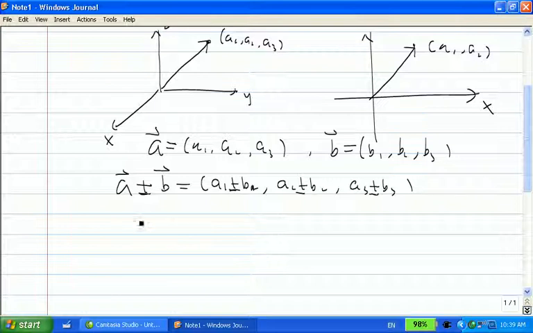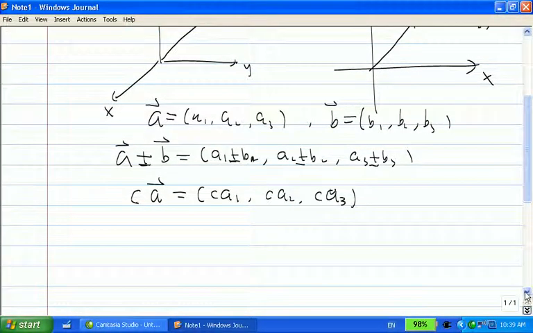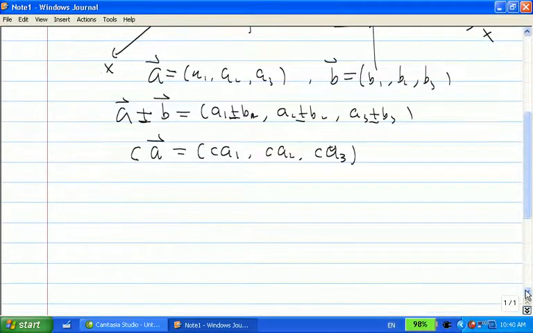Another thing we are going to define is a scalar times a vector. The scalar multiplies each component of the vector. As a result, it is still a vector. So a scalar times a vector gives you a vector.